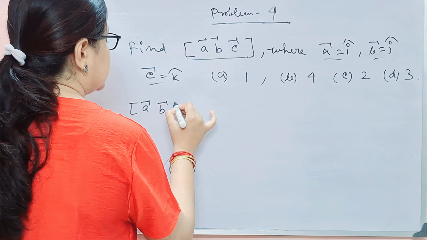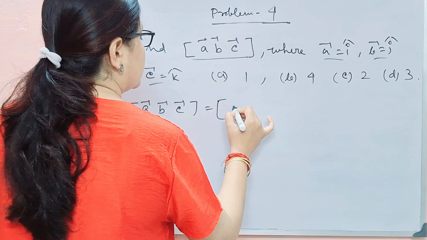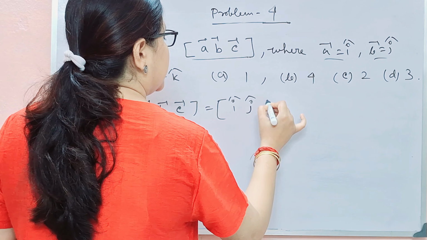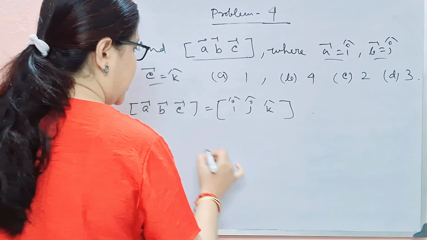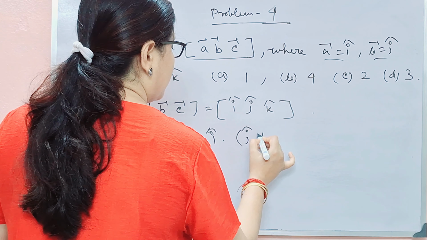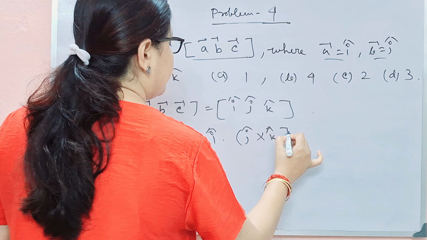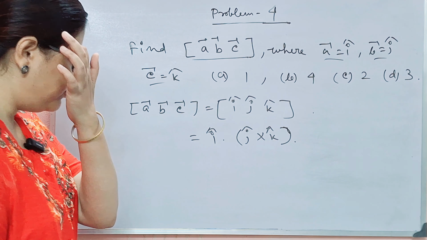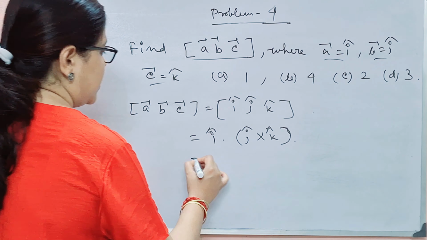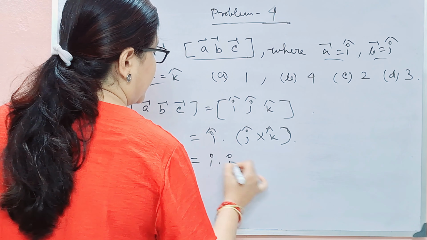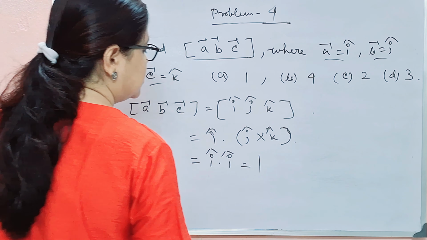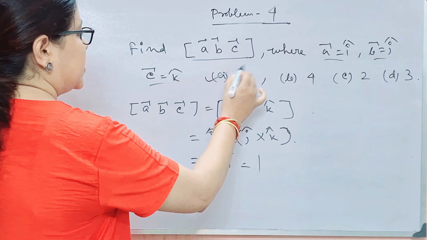Box of ABC means the scalar triple product of vectors A, B, C, where A equals i, B equals j and C equals k. What is the scalar triple product? By definition, box of i, j, k means i dot (j cross k). Now j cross k means i, and i dot i equals 1. So A is the correct option.